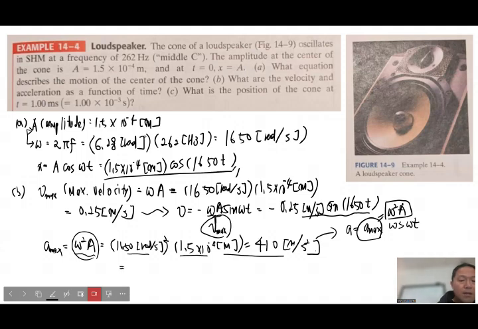Then acceleration in time should be minus 410. Oh, there should be a minus sign in front of that. Minus 410 meter per square second times cosine 1650 t.